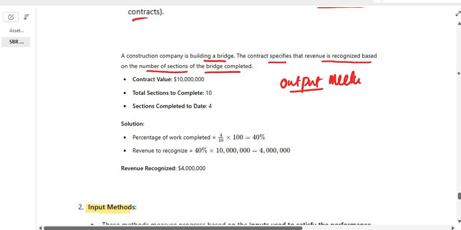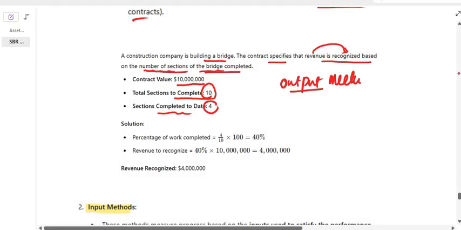It means that you have to recognize the revenue from this contract based on the number of sections of the bridge completed. The contract price is this one, the total sections to be completed is 10, and sections already completed is 4. So how will you calculate the percentage of work completed?